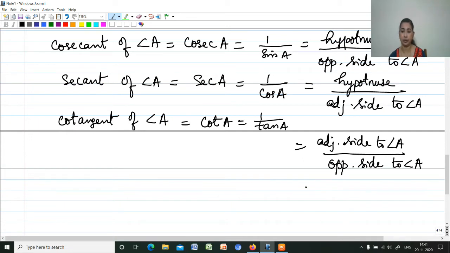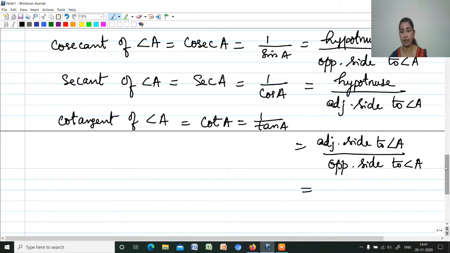And that is equal to, we can write this as adjacent by opposite side. So 1 by tan can be written as, what is tan?